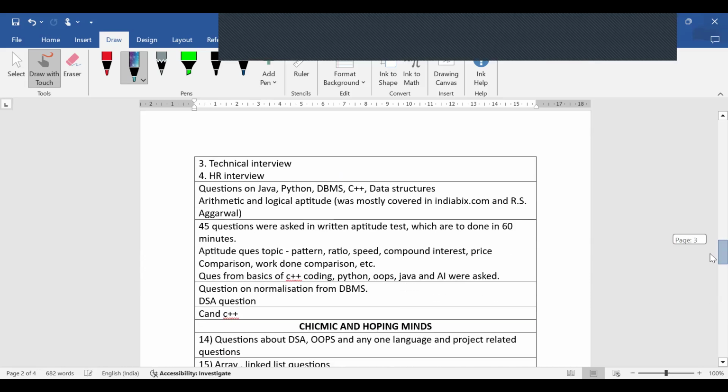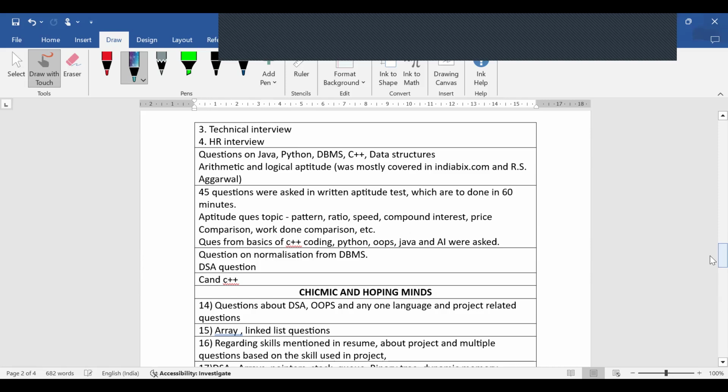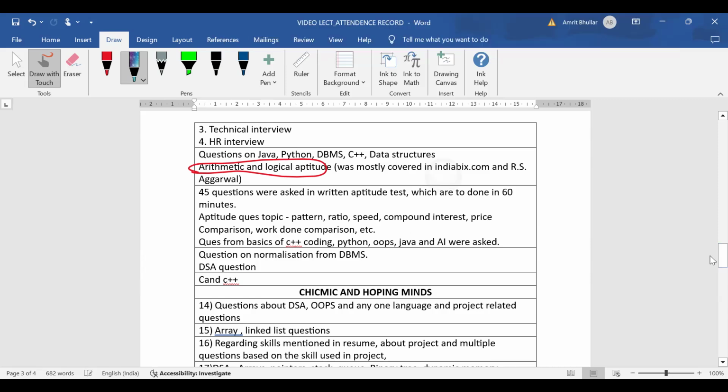The questions that MAMSIS asked are on Java, Python, DBMS, C++, and data structures. Then they also ask questions from arithmetic and logical aptitude. We just discussed indiabix.com and RS Agarwal, from where you have to prepare them.